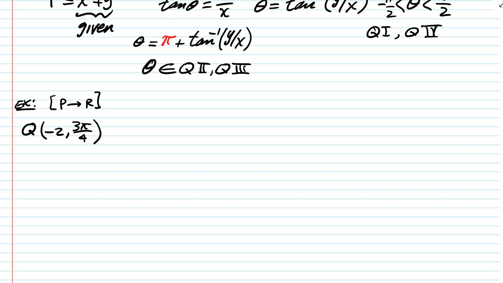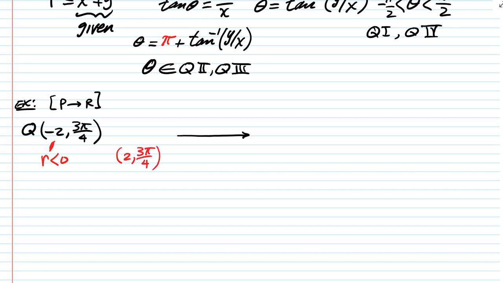So let's plot this point first of all. And here's my polar axis. Now to do -2, remember r is negative here. To do negative r values, radial distances, we actually plot the positive r. So I'm going to do 2 and 3 pi over 4.